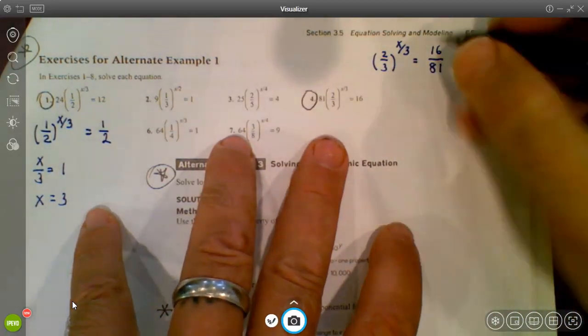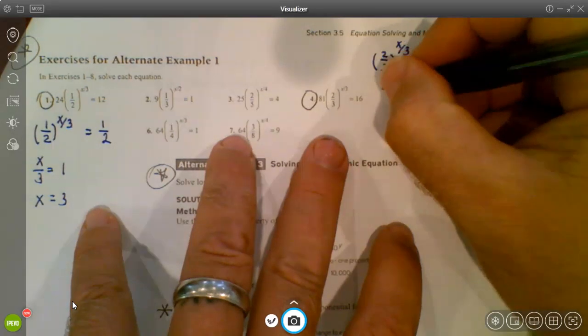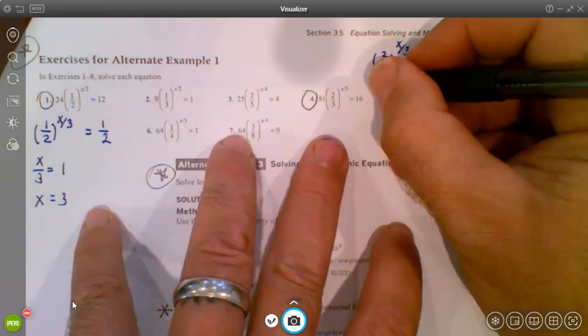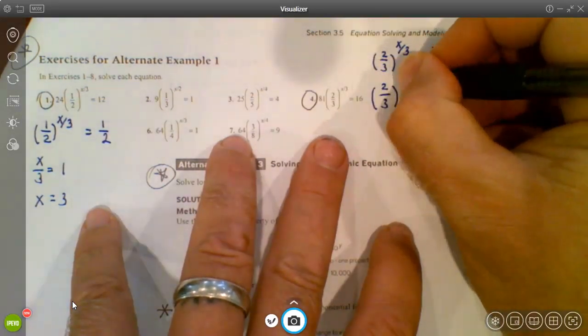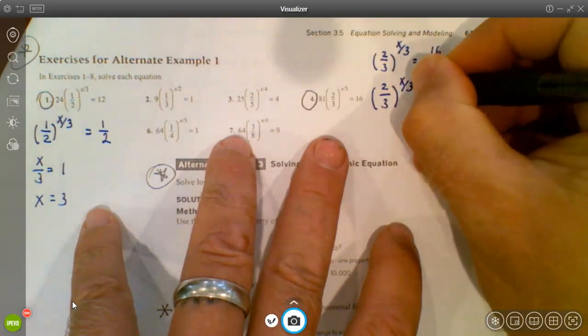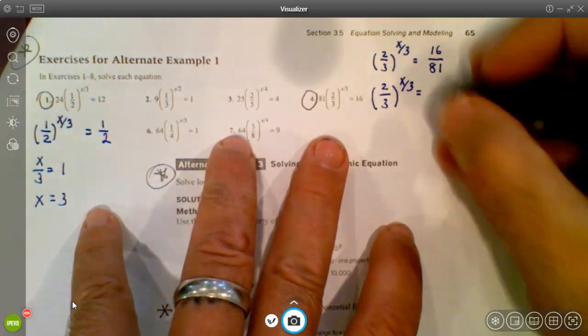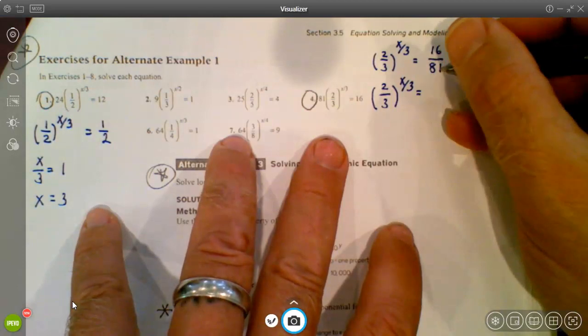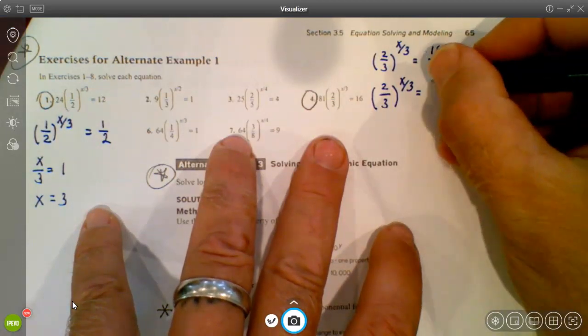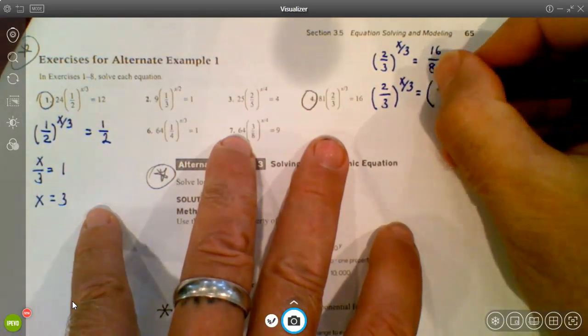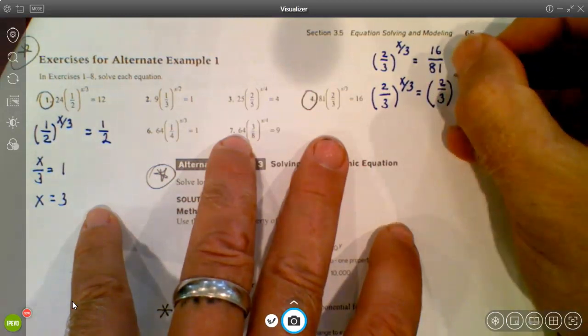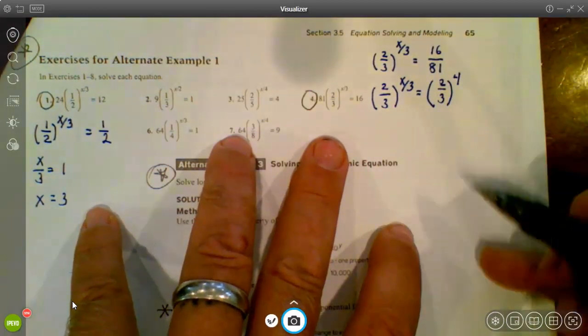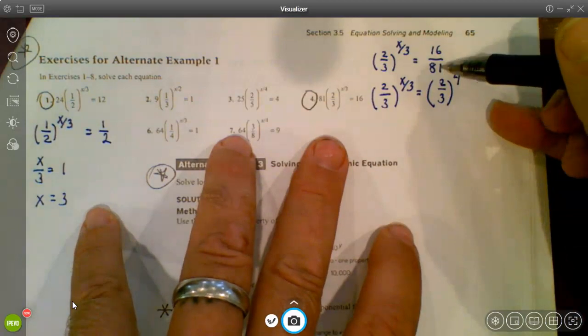So in this case, since 16 is 2 to the 4th and 81 is 3 to the 4th, we can write that as 2/3 to the 4th power. Right, so I'm still keeping the exact same value that I had here.